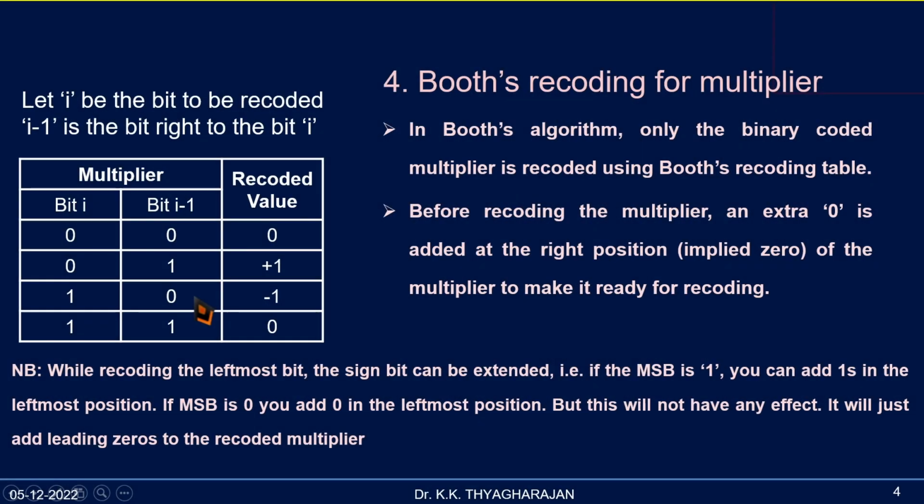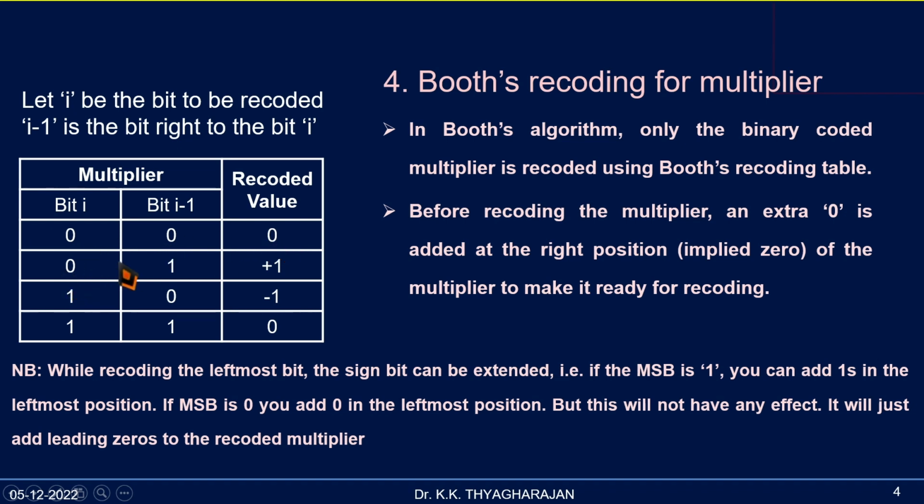In Booth's algorithm, only the binary coded multiplier is recoded using Booth's recoding table shown here. Before recoding the multiplier, add an extra 0 to the right of the multiplier, and it is called implied 0. If I is the bit to be recoded, then I minus 1 is the bit right to I. If I is 0 and I minus 1 is 0, then I is recoded as 0.